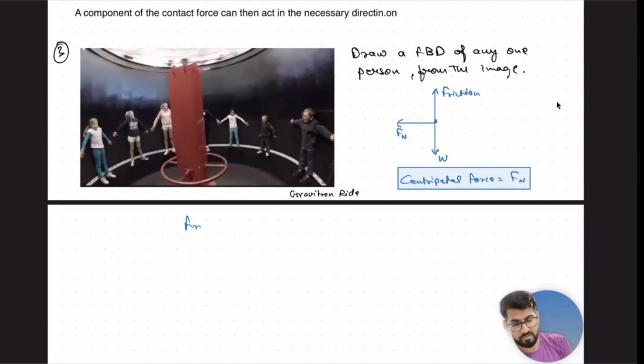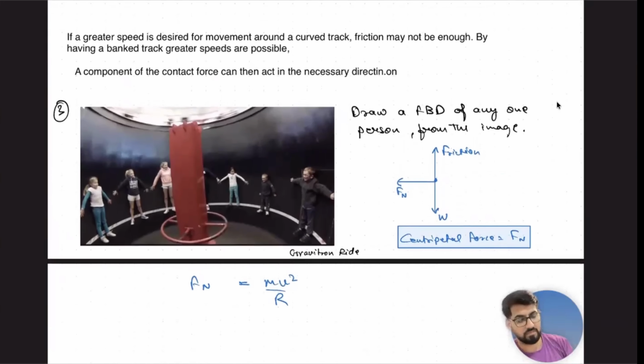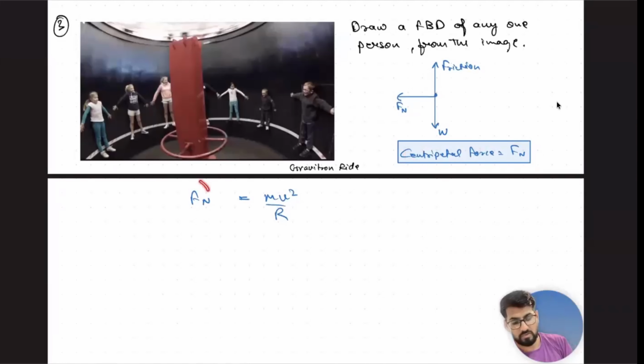Sorry, not friction, the normal force, Fn, is your centripetal force, which is mv square by r. So whatever the force is acting towards the center, we equate that with the centripetal force. So normal force is your mv square by r, right?